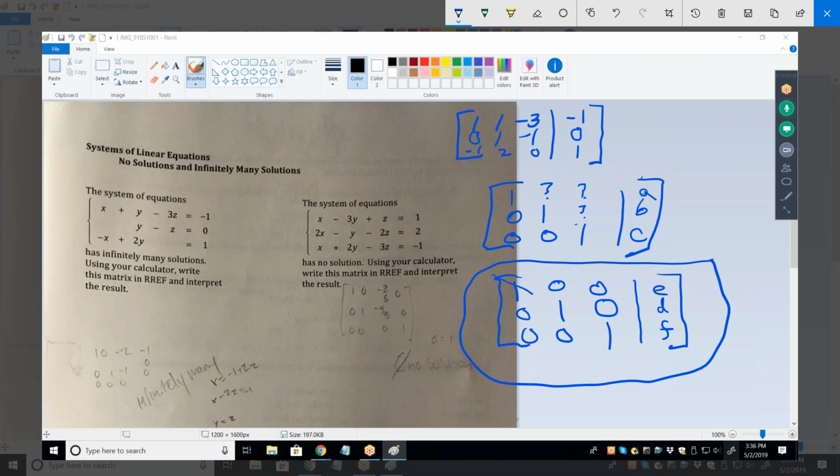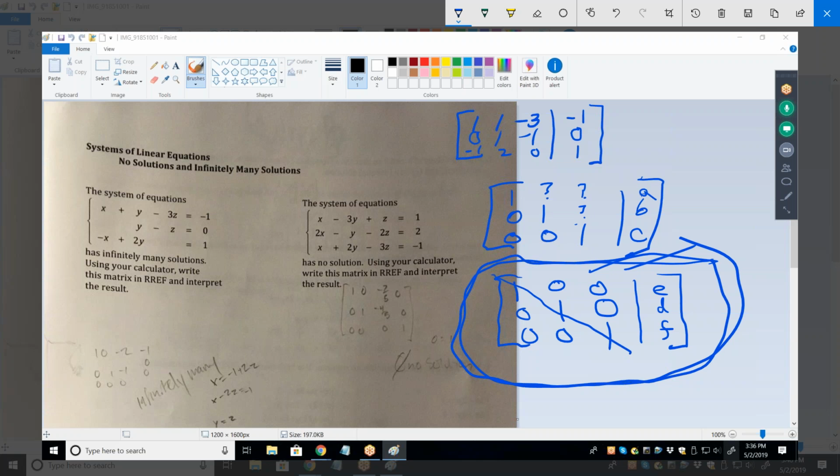You not only have to have that, but you have to have everything else equal to 0. In other words, this is the perfect thing. If you use your calculator to do this, and the calculator is doing all the work, you want it to be like this. I thought that this was called a reduced row echelon, but in looking at my book, I don't think that's the correct terminology, but we'll get to that.